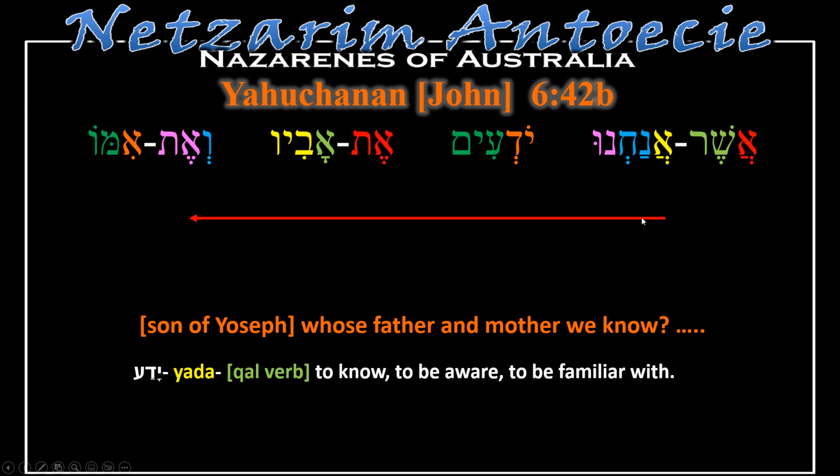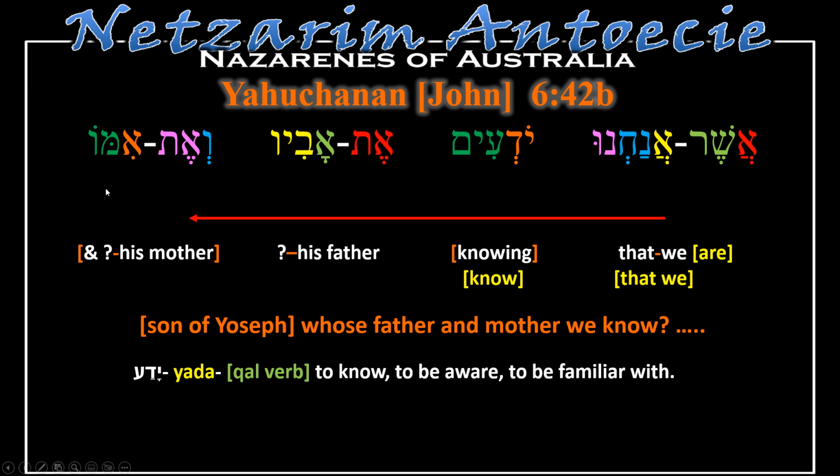So we're going to read that now. Asher anachnu yodim et aviv ve'et imo. That we are knowing, grammar marker, his father and his mother.